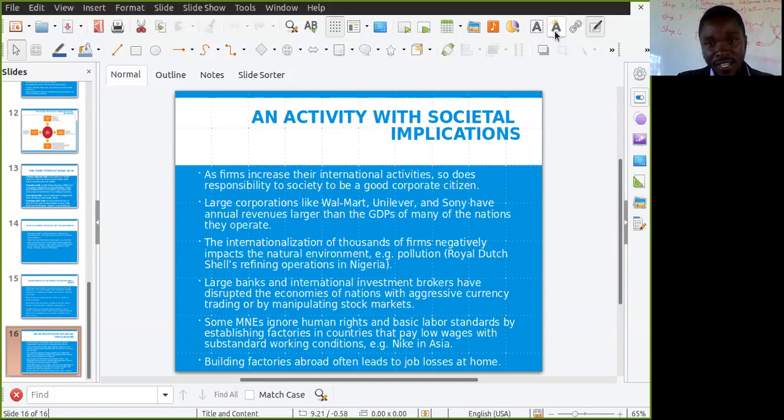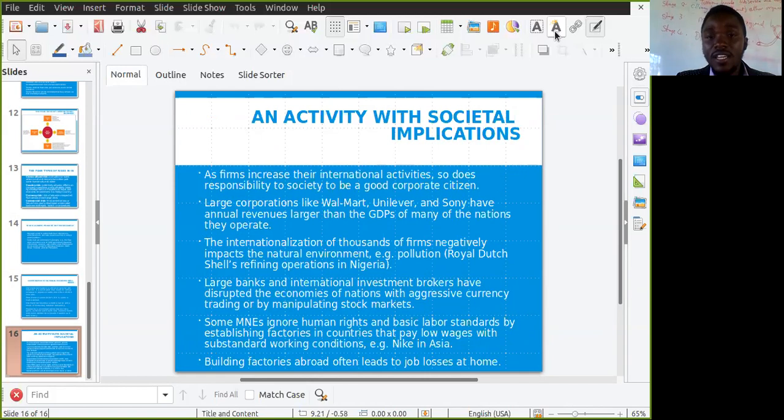International business is an activity with societal implications. What are some of the implications that it can have on an economy? As firms increase their international activities, so does their responsibility to society to be good corporate citizens. Why do we have this point?